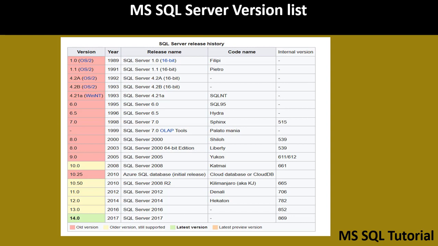Right now, I have given SQL Server 2012 with version 11.0. In this release they introduced the Business Intelligence Edition. Later on, SQL Server 2014 with version 12.0. Then SQL Server 2016 with version 13.0, and the latest release is SQL Server 2017 with version 14.0.